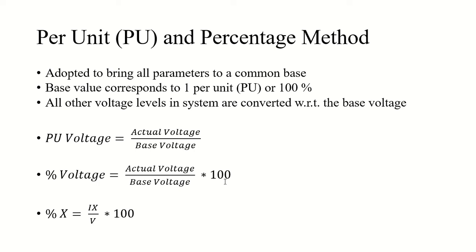Now let me come to one interesting thing here. If you have used reactance diagrams or such things, the percentage reactance values are given in those diagrams, like generator G1 is having 10%, G2 is having 15%, then transformer 1 is having 10%, transformer 2 is having 12%, like that.